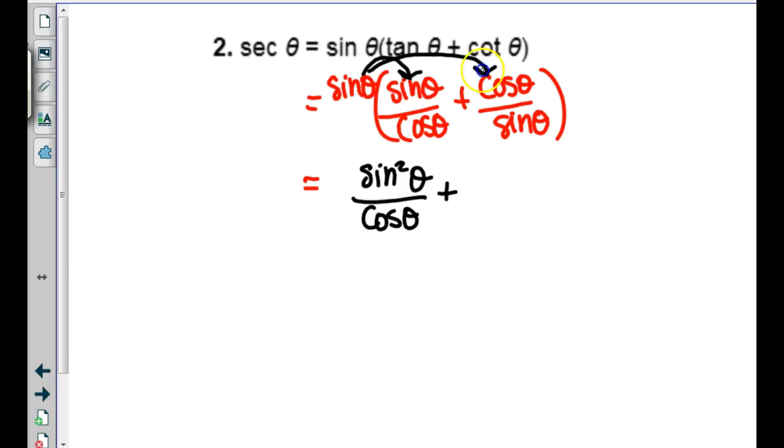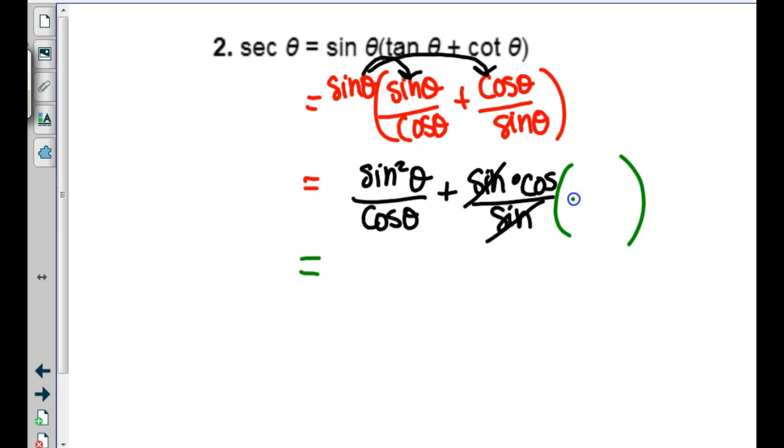Yeah, if you distribute it here, you would have sine times cosine over sine, and then those would go away. So you have a plain old cosine. But it has no denominator, so what are we going to have to do? Okay, probably need to do something to make this have a denominator of cosine. So it means we're going to have to multiply it by what?